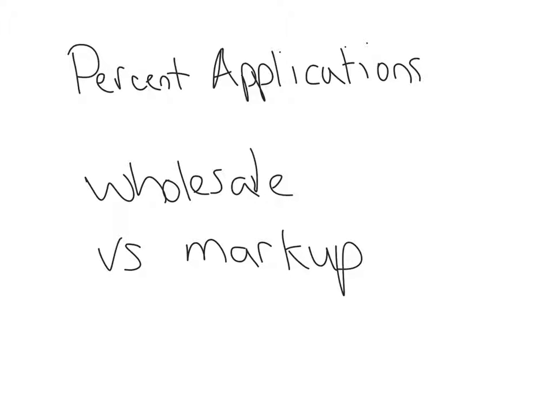So today we're going to talk about how you can apply percents and use them in real world situations. One of the most common ways is in business, buying and selling something. If you go to a car dealer, the car dealer buys the car from the car company, and that's called the wholesale price.